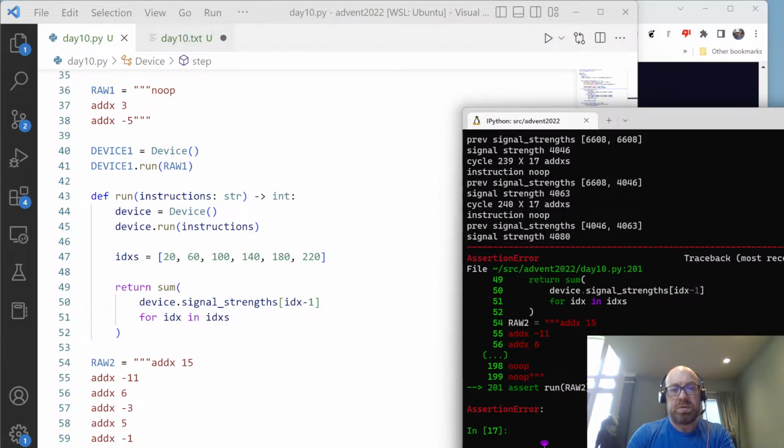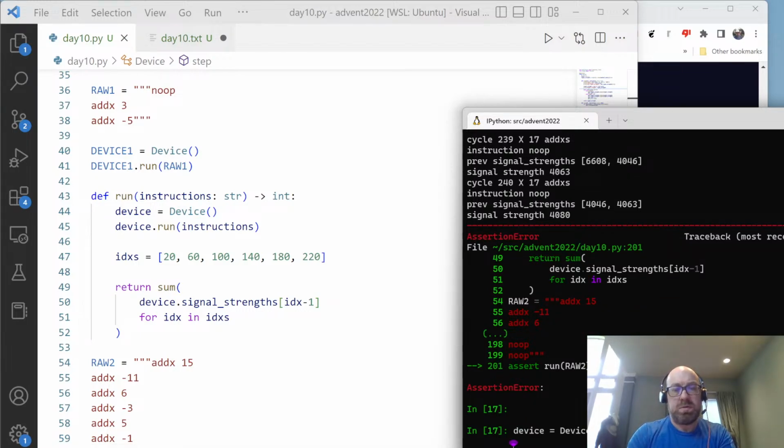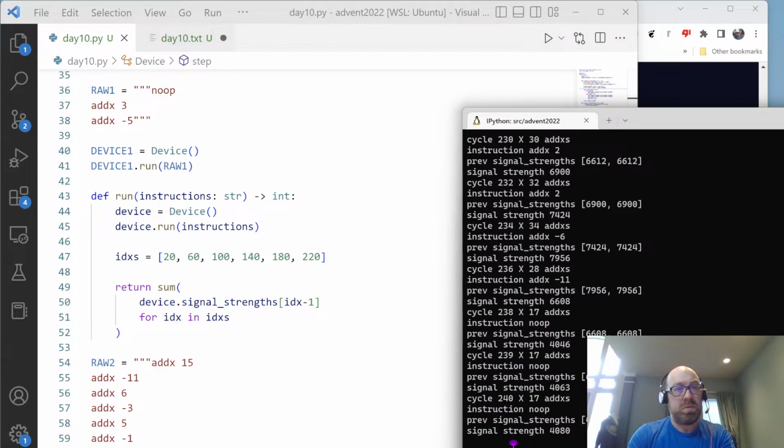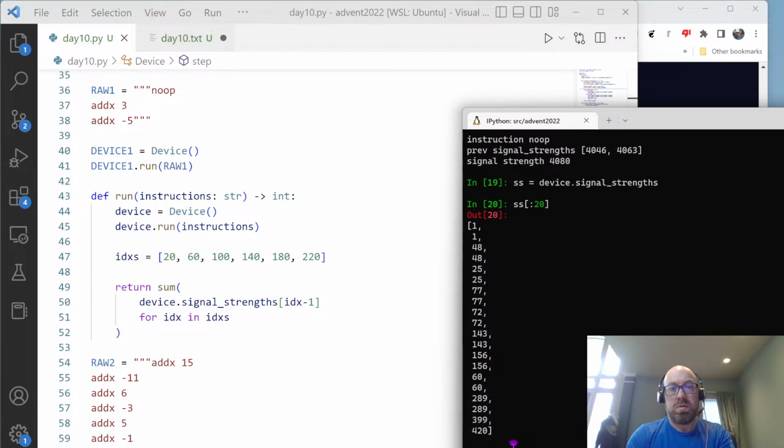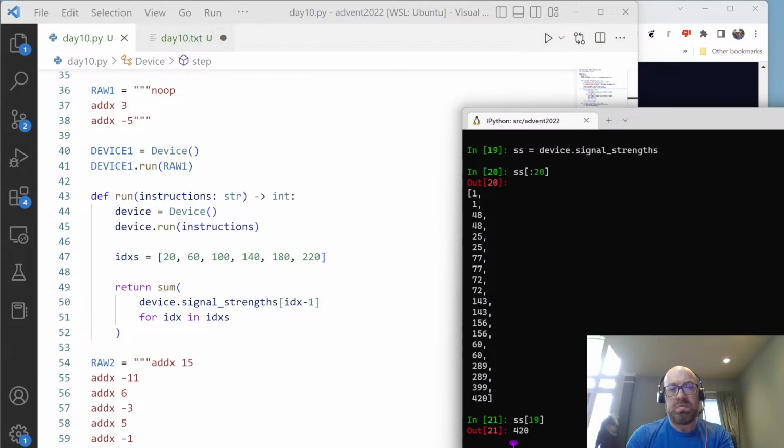Device equals device.run raw2. SS equals device.signal strengths. Okay, so SS19, SS20.